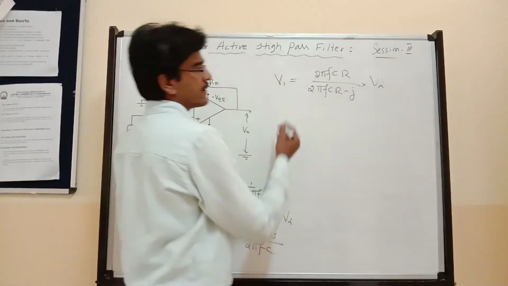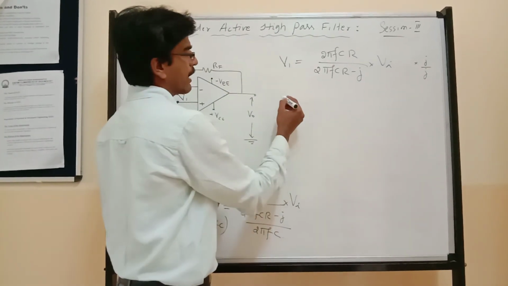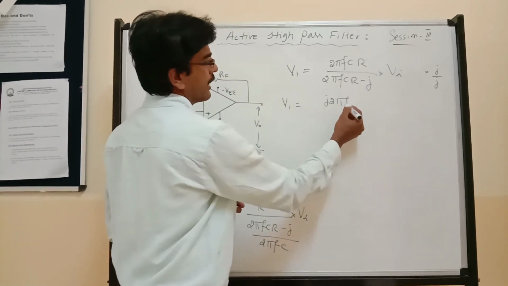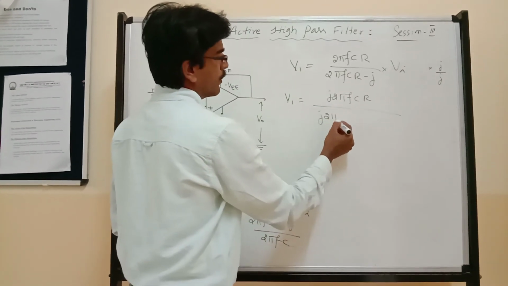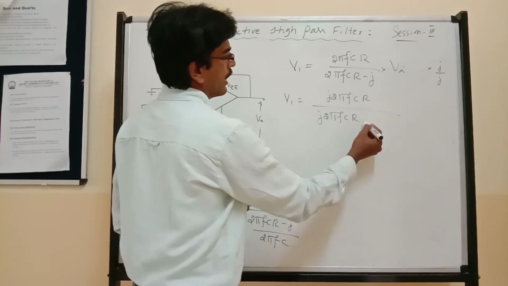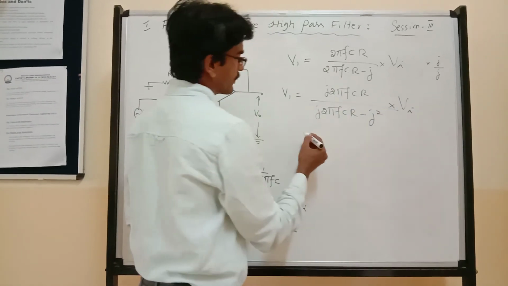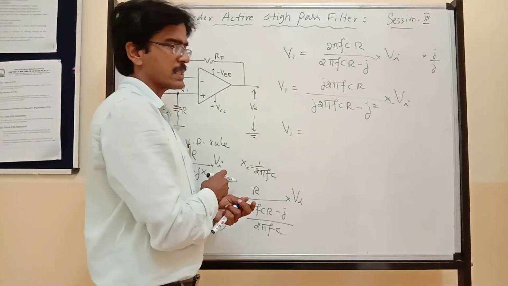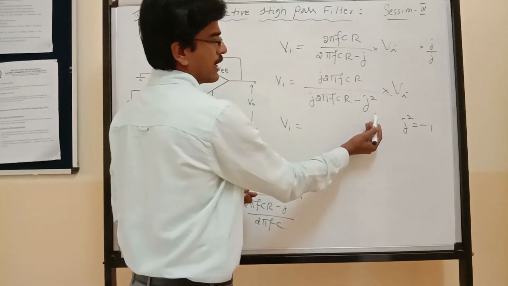Now, for this equation, we'll multiply and divide by j. Then what happens? V1 is equal to j 2 pi FCR divided by j 2 pi FCR minus j square into Vi. You know that j square value is equal to minus 1, minus into minus plus.